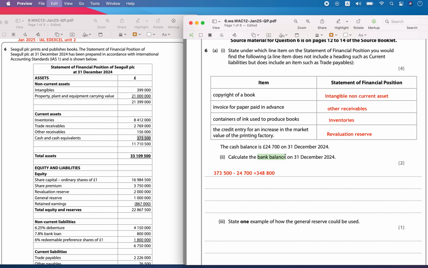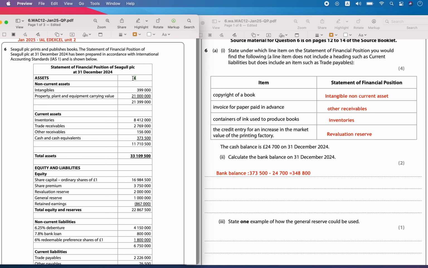So this is going to be the bank balance. If the total cash and cash equivalents balance is 373,500 and this alone represents the cash balance, then the remaining should represent the bank balance: 348,800 pounds.